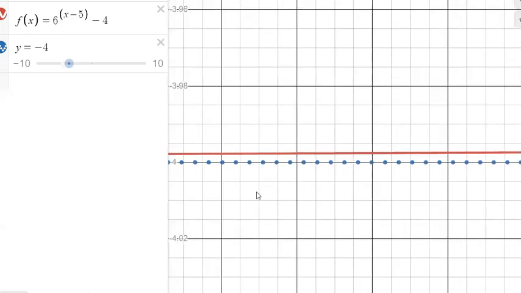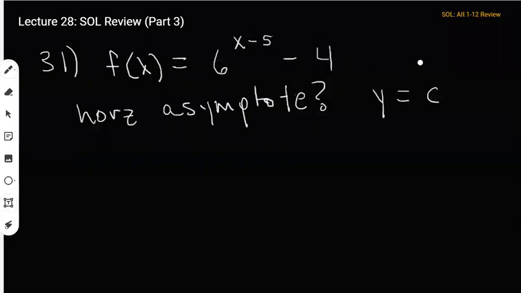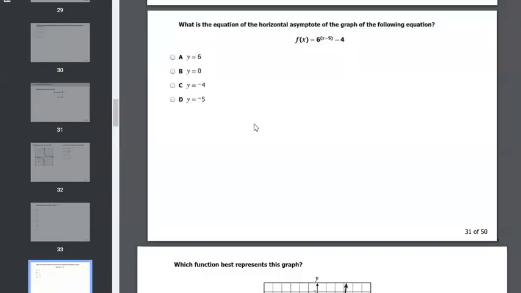So that's pretty cool. So y equals -4. Now, is that an answer choice? It might be. Yep, it's C. Y equals -4.